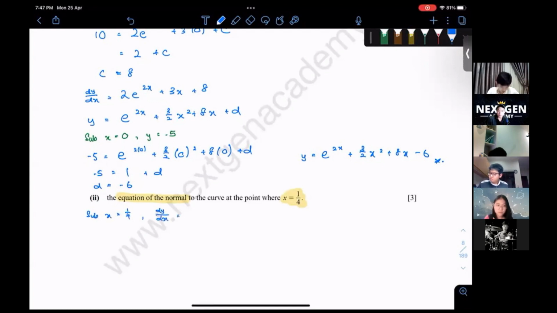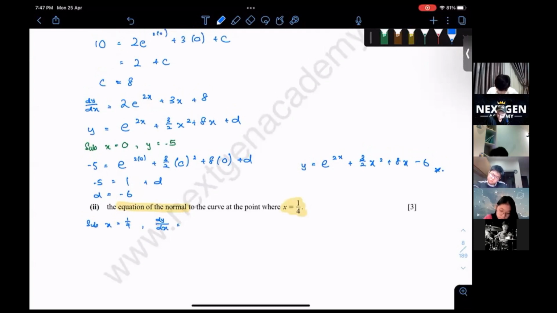When you sub in x equals 1/4 into dy over dx, what are you finding actually? The gradient of the curve? No, not the curve.